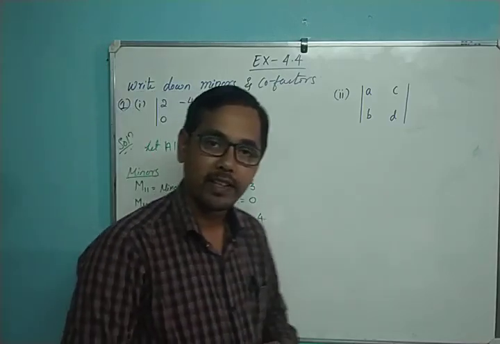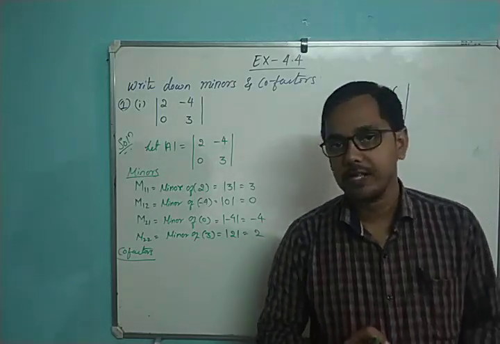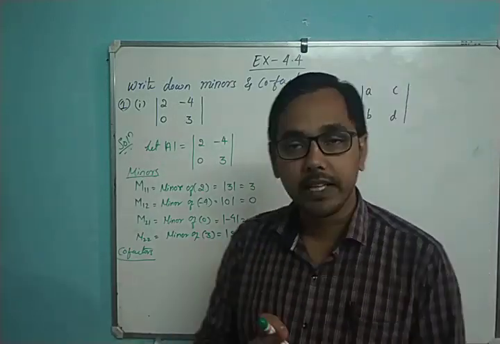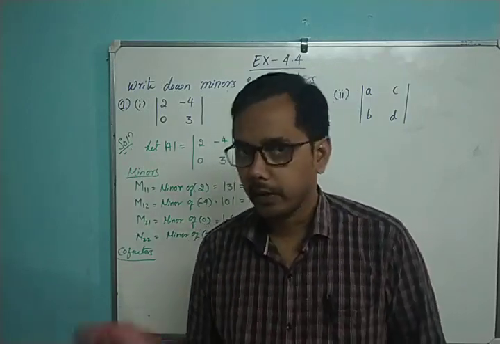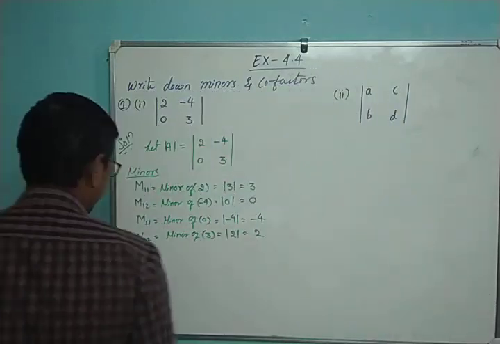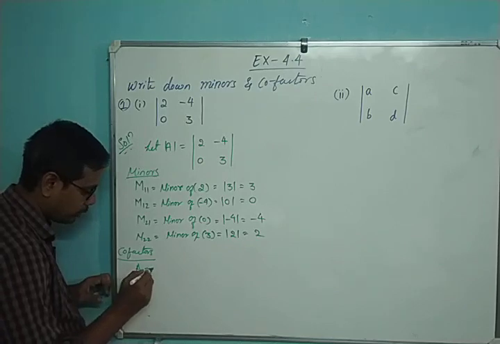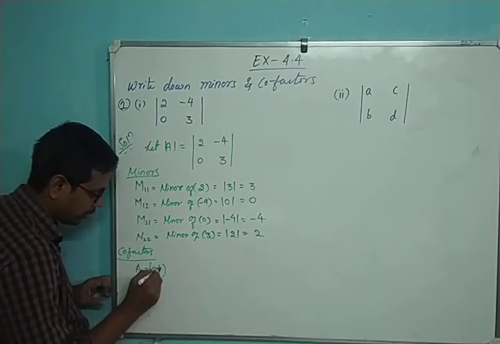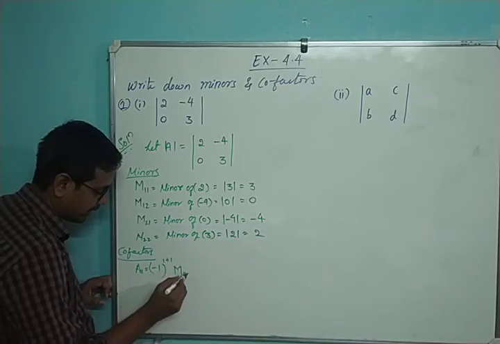As I said, cofactors are denoted by capital Aij. You can also denote it by capital Cij. In some books they refer to it as Cij, but in NCERT, as usual in our practice, we will refer to it as Aij. A11 is equal to minus 1 to the power 1 plus 1 into M11.